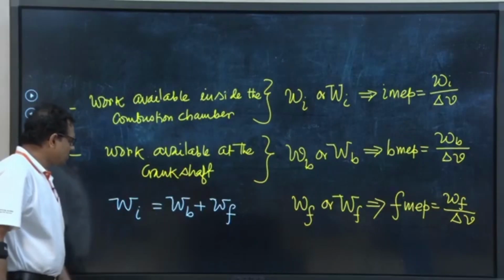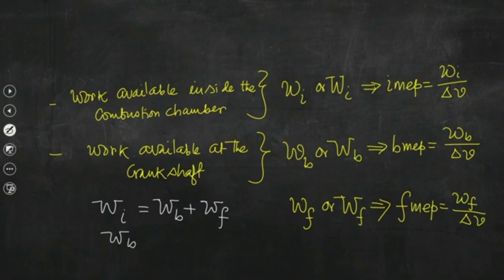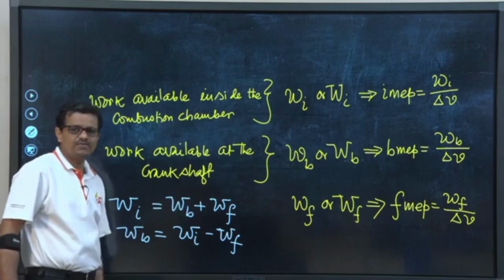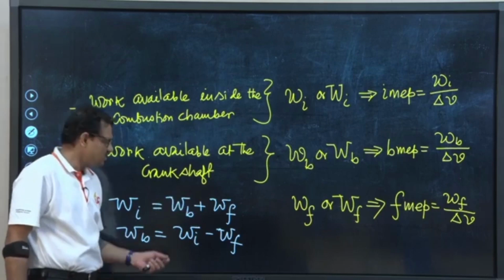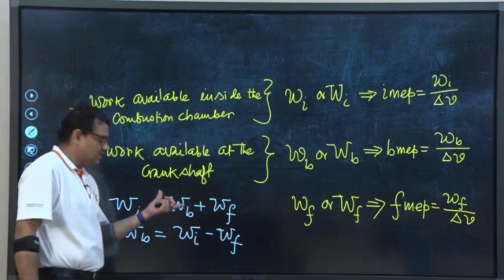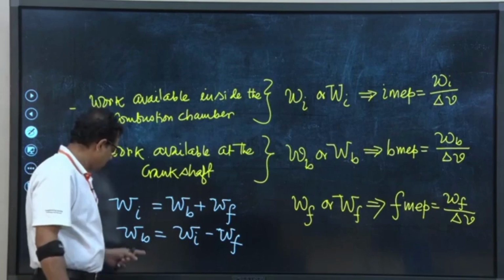So, what we can write is brake work is W indicated minus W friction. Whether I am writing in their specific form or the actual form, that is irrelevant here. I could have written these quantities in their specific form as well.